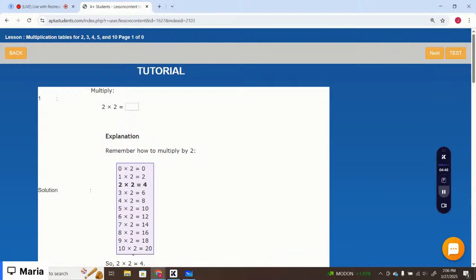Let's start with the first one, that is multiply 2 times 2. 2 times 2 is 4. So let's start with the multiplication tables.